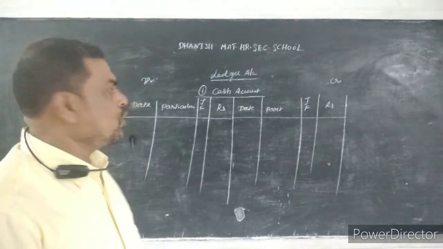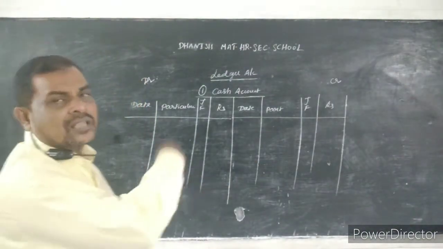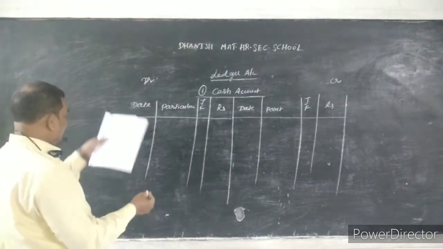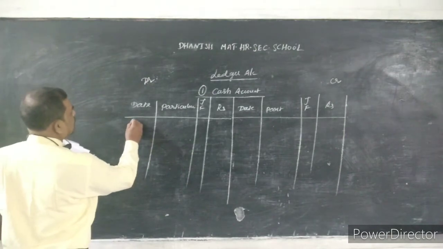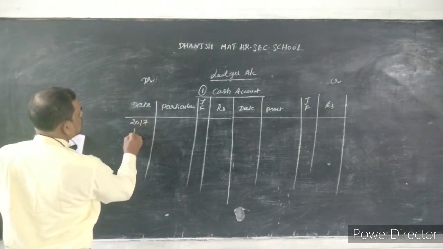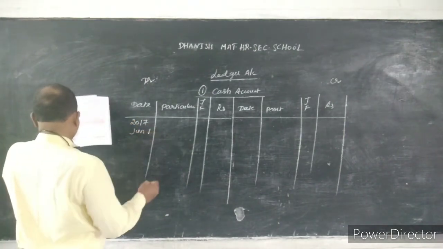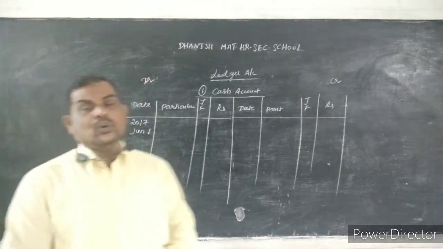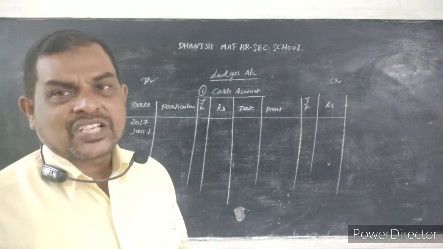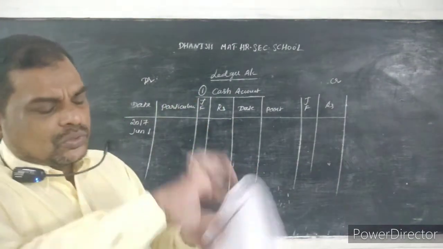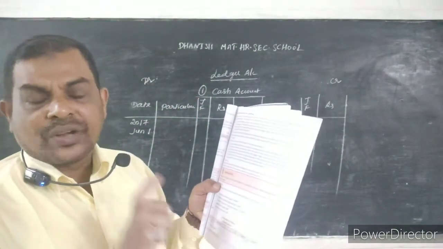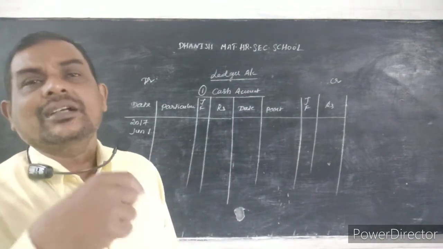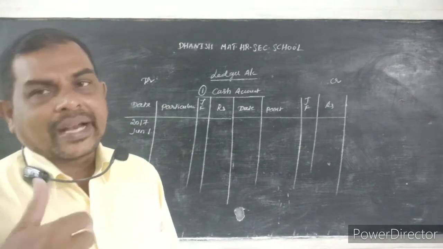So what we have to do? We have to choose the debit side only. Debit means debit side, credit means credit side. What is the date? The date is June 2017, June 1. Okay, amount is how much? When you are preparing the cash account, you have to see where the cash account is, but you have to write the corresponding credit entry only.